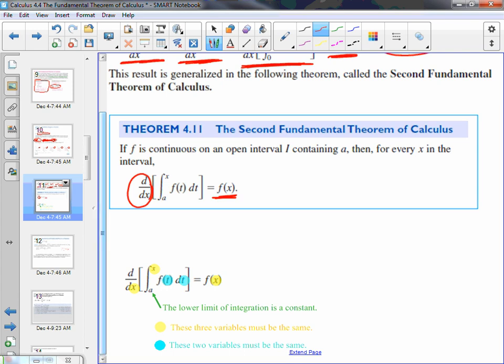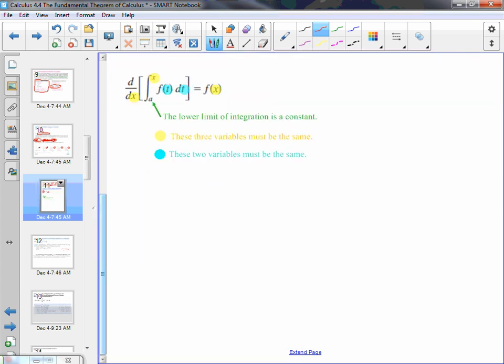Now, those of you with color issues may struggle a little bit here, but here's what's got to work out. It's got to work out this way. First, the lower limit of integration has to be a constant. I don't care what it is. It could be 0. 0 is the most common just because. It can be 10.